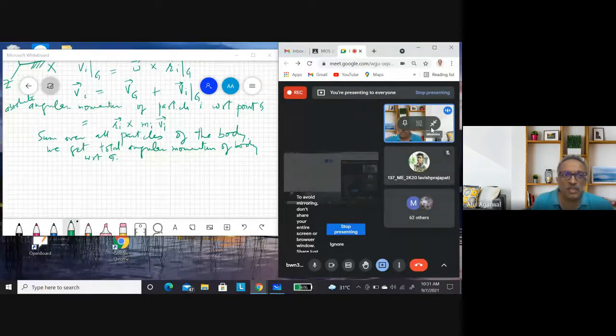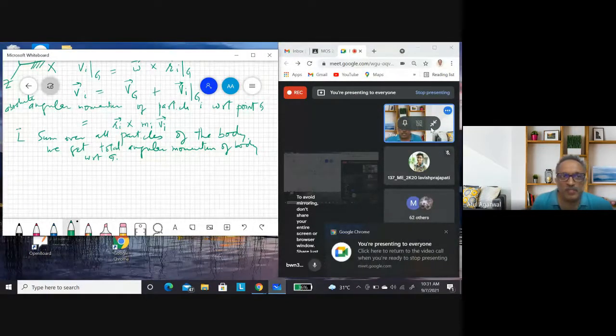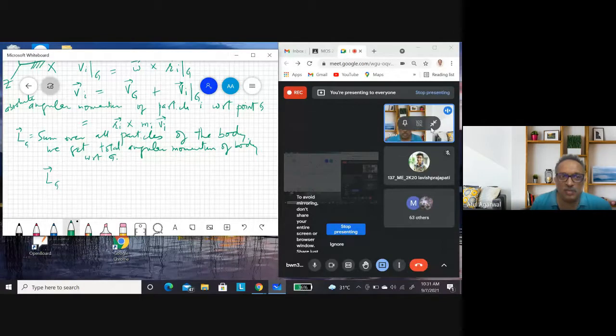Let's call it vector L with respect to point G. Angular momentum of the body with respect to point G. G is the reference point. Summing over all the particles of the body.